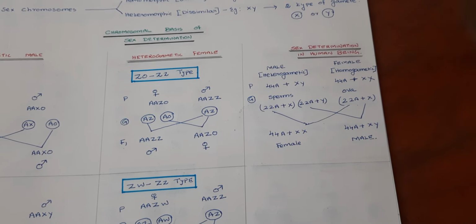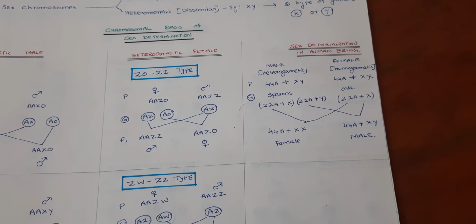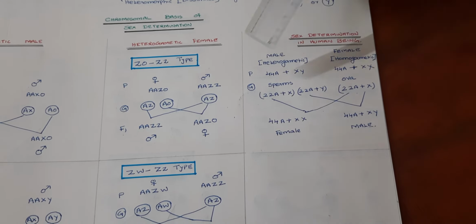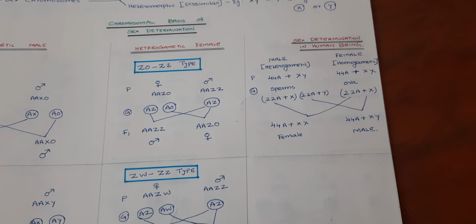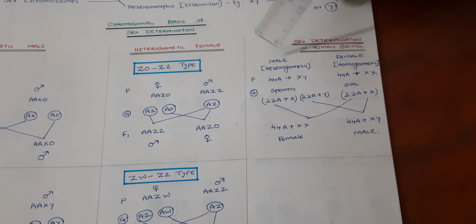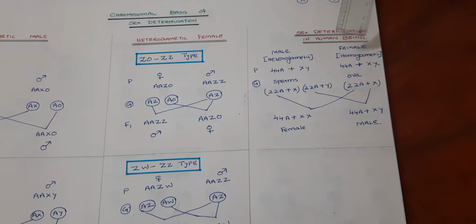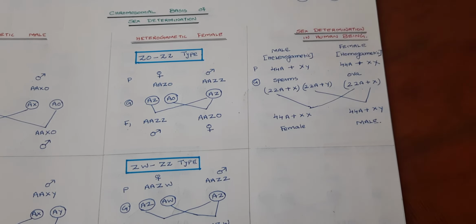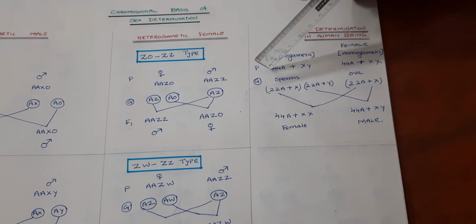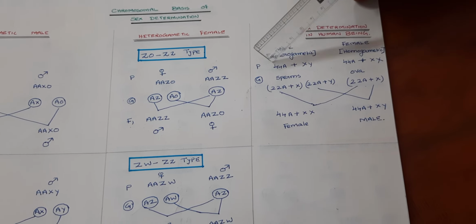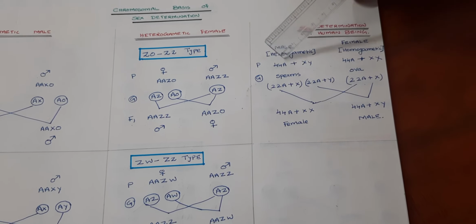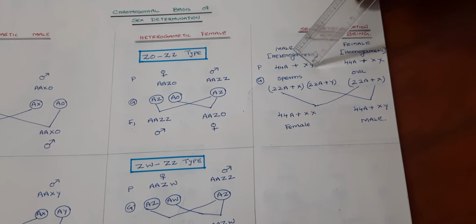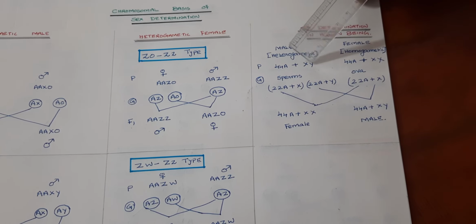Now we come to sex determination in human beings. Human beings always have 23 pairs of chromosomes, a total of 46 chromosomes. Among those, the male is heterogametic and the female is homogametic, having the same type of sex chromosome. Among the 46 chromosomes, 44 are autosomes, the body chromosomes, and 2 are sex chromosomes, XY.